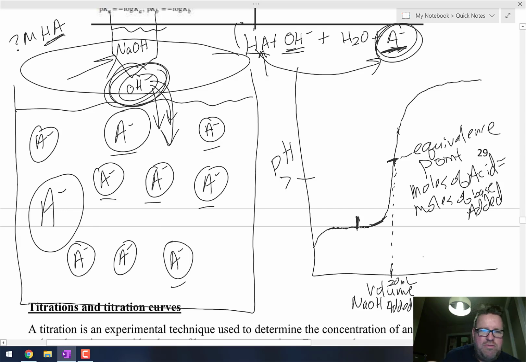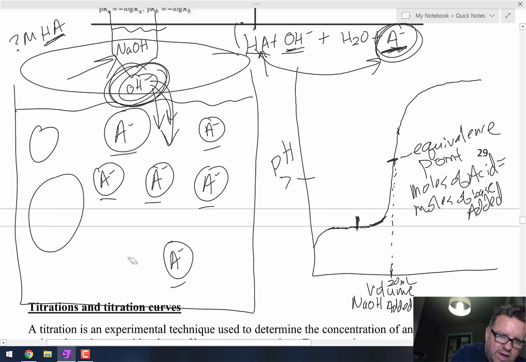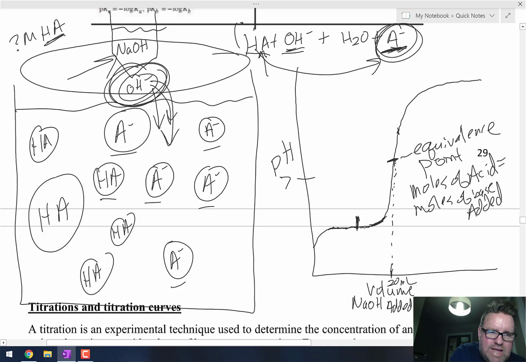Remember that point before, let's go back in time here a little bit. Remember that point where half of those acid particles had reacted. So we had exactly the same concentration. We have 5 HA particles and 5 A minus particles.